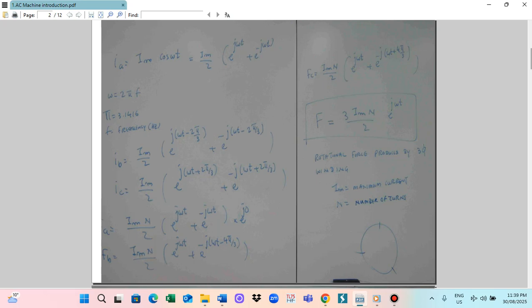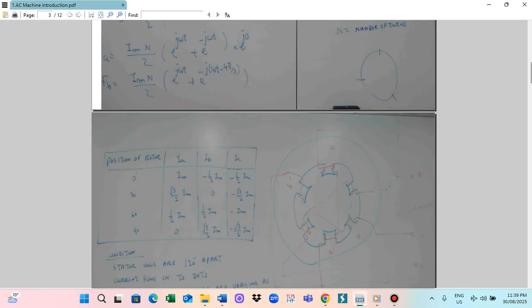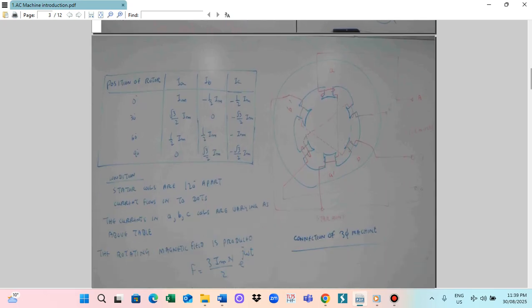Okay, the next one is we can find the current versus rotor position. The rotor is rotating, so depending on the rotor position, the current will be changing. We can plot the rotor position and the current value.